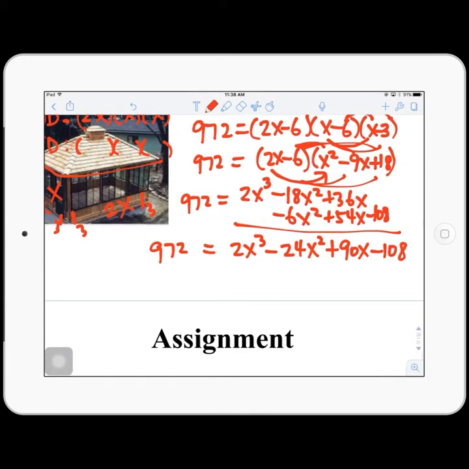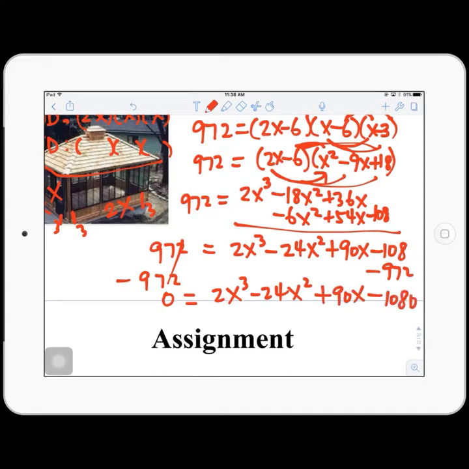And now we're going to undo the 972 by subtracting 972 on both sides. And that will give us a zero balance on the left. And we can make this problem a little simpler by dividing by their common 2 factor in every single term. And we also need to do that on the left side of the equation.